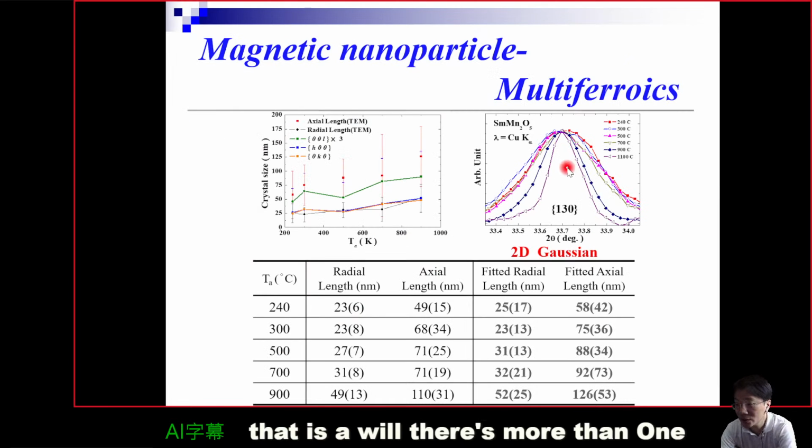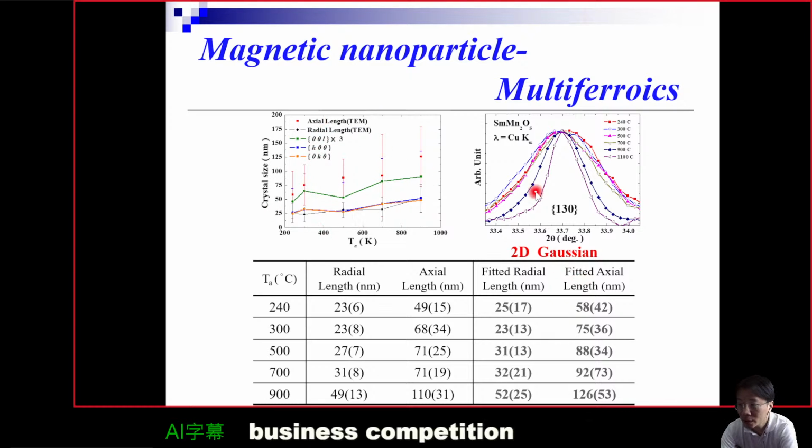So in this case, shown here is the comparison between the X-ray and the TEM. You find that the axial length and the radial length are labeled by the solid square, which would be this one, and the black solid circle, which would be this one.